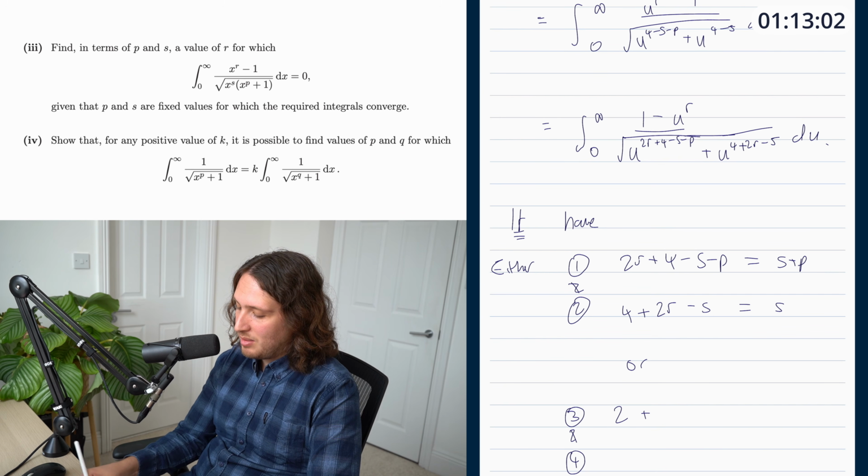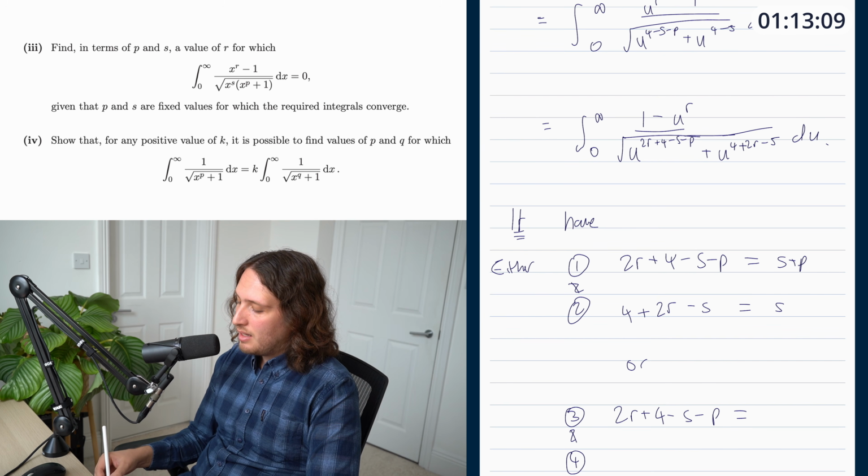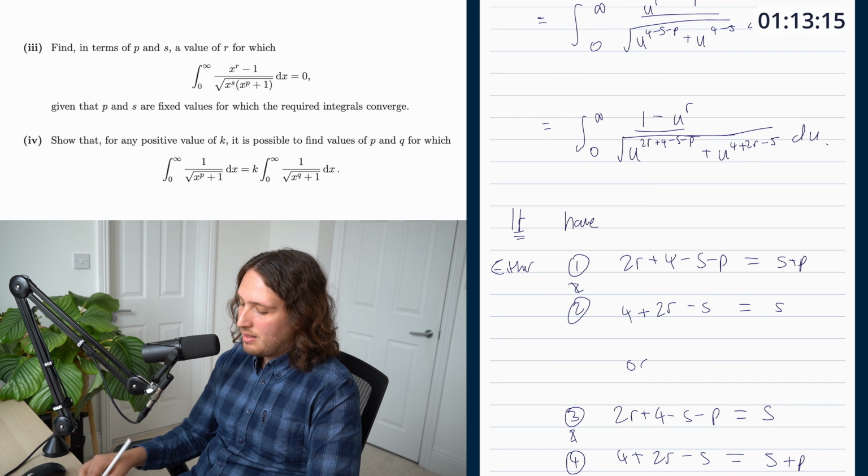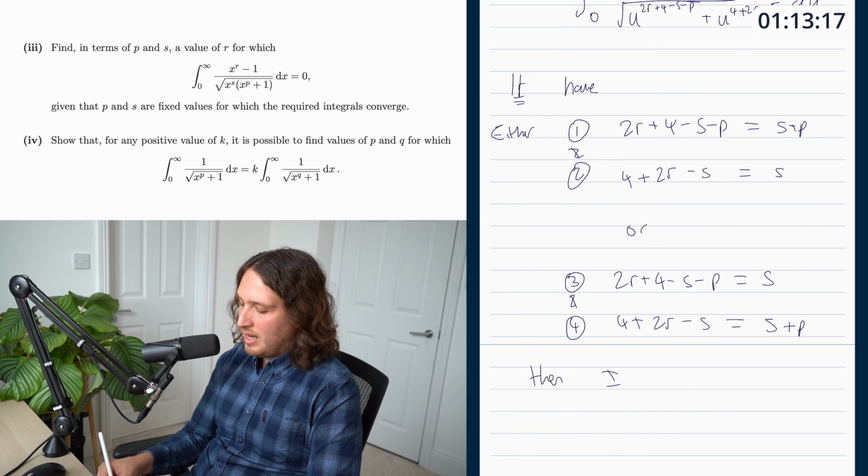So that's an R, to be clear, not an S. 2R plus 4 minus S minus P equal to S, and 4 plus 2R minus S equal to S plus P. Then I is minus I, so I is 0.